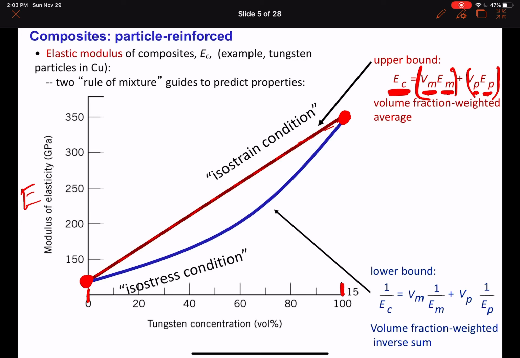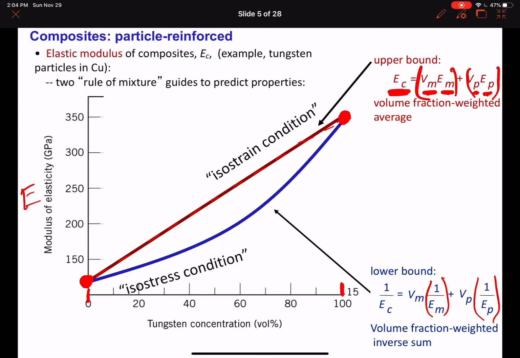Now a lower bound can also be determined, where perhaps bonding and force transfer from the matrix to the particles or fibers is not ideal. And so the lower bound follows something similar, in that this time the volume fractions are again used as coefficients, but they are multiplying against the inverse of those modulus values for their respective components.